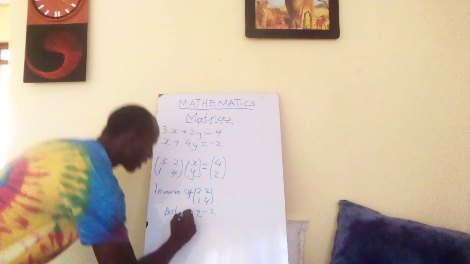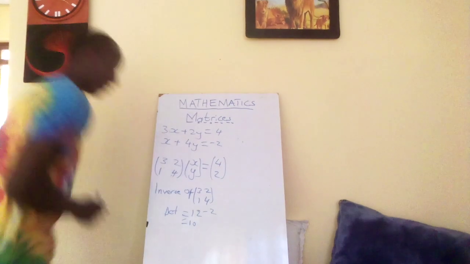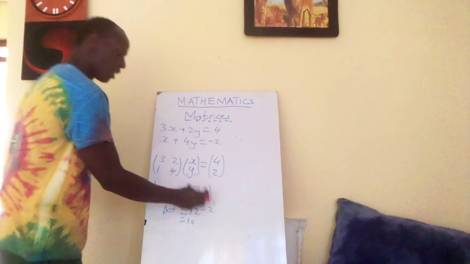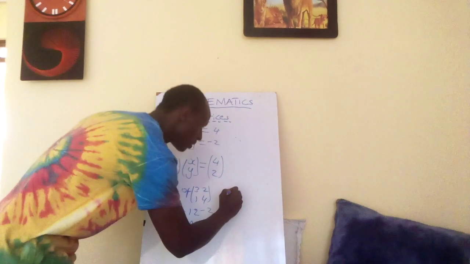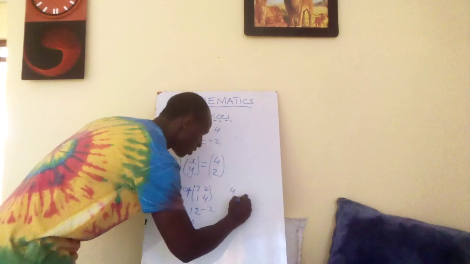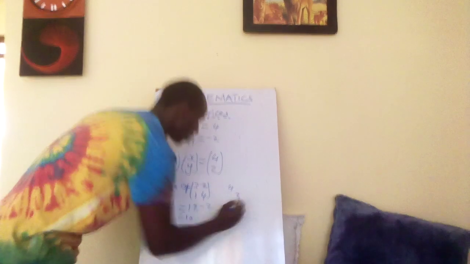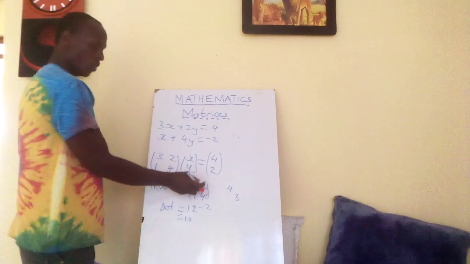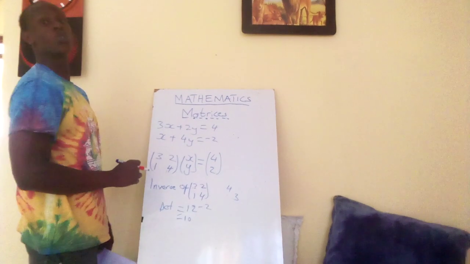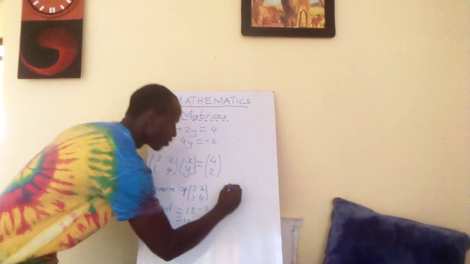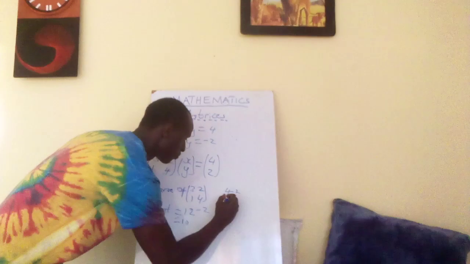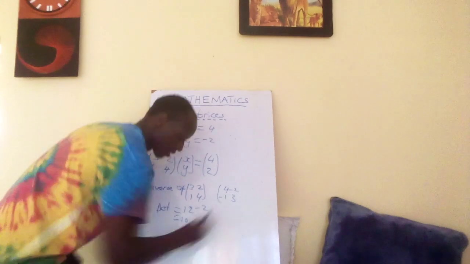The determinant becomes 10. Then for the inverse, we interchange the numbers in the leading diagonal, so it becomes 4, 3. The ones in the secondary diagonal, you change the sign, so it becomes negative 2, negative 1.